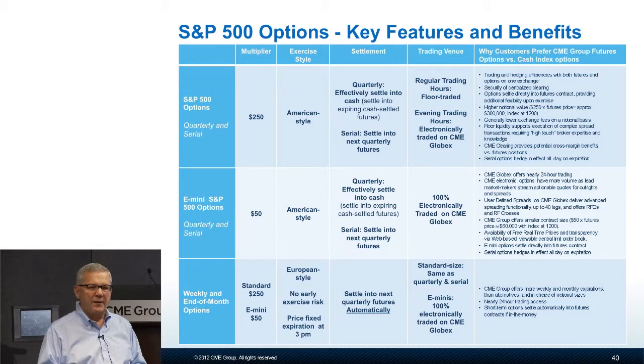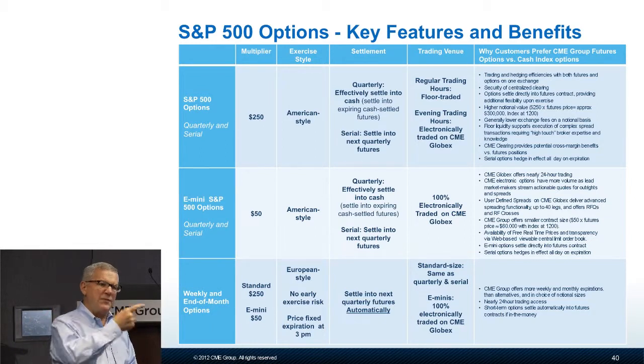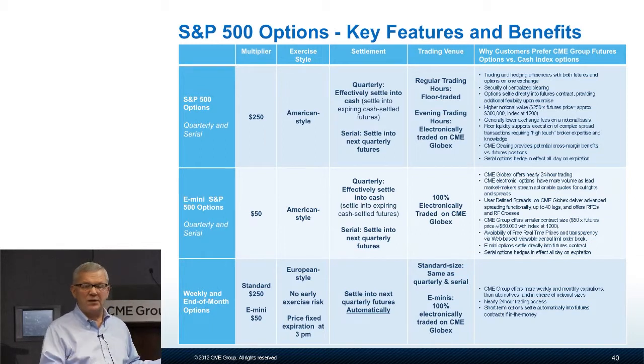We do a volume weighted average at 3 o'clock, a VWAP of the last 30 seconds of trading the E-mini futures contract, and we fix a price at 3 o'clock. The symbol is ESF. So we print that E-mini futures price at that moment and settle the options to that ESF price, which means, especially for the serial options, you don't have pin risk.